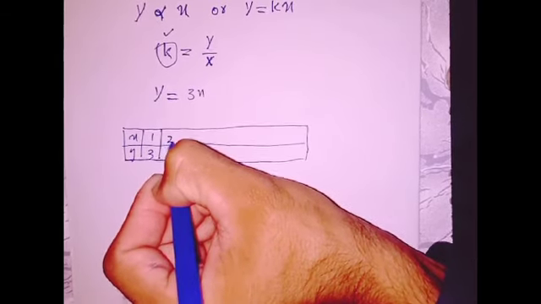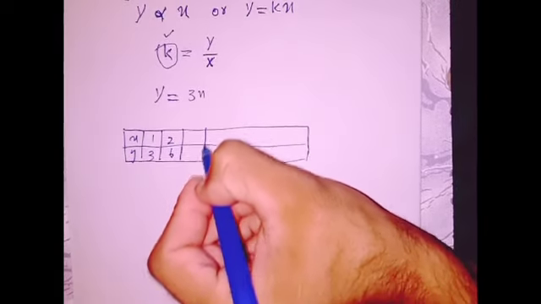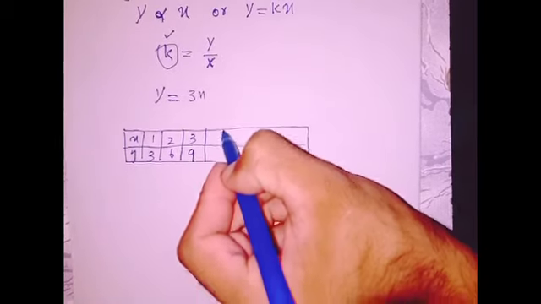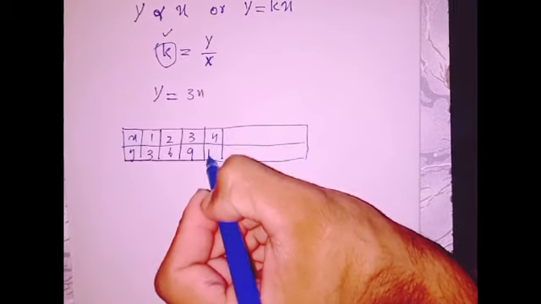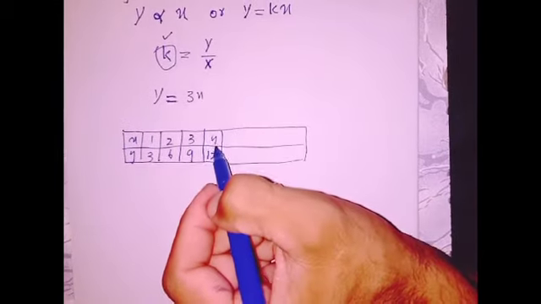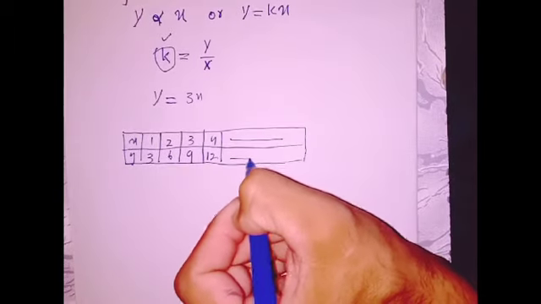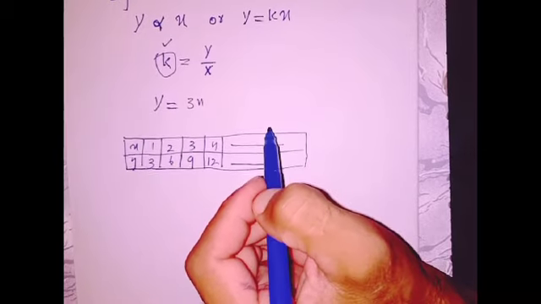If I put x is 2, I get y is 6. If I put x is 3, I get y is 9. If I put x is 4, I get y is 12. As the values of x are increasing, the values of y are also increasing. That's why we call it a direct variation.